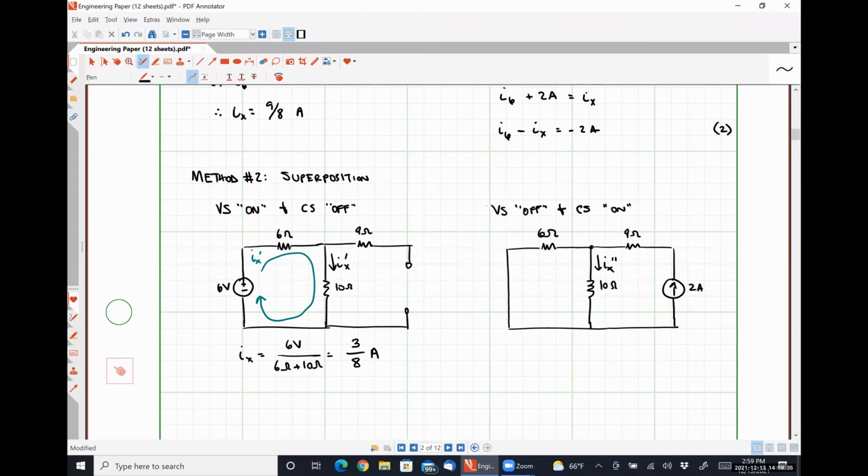This is the circuit that I need to analyze now.